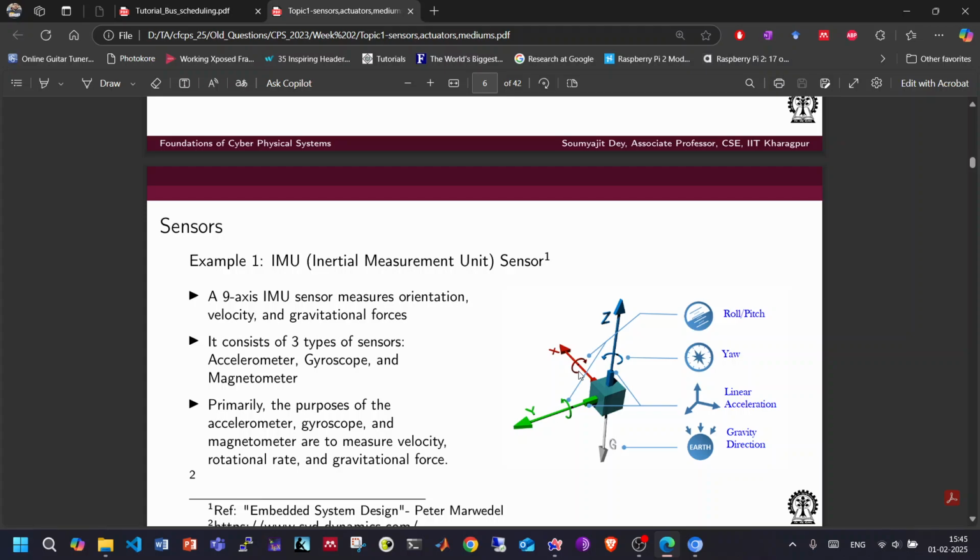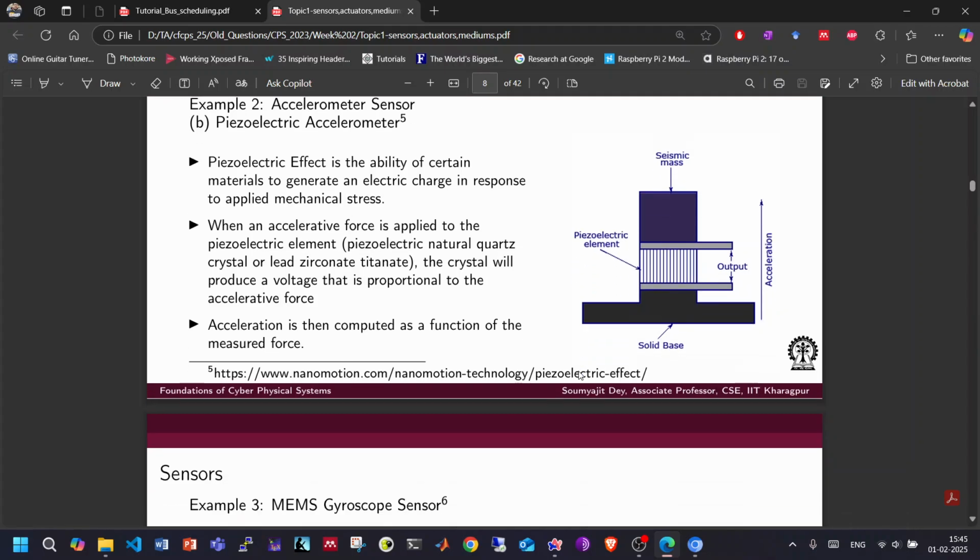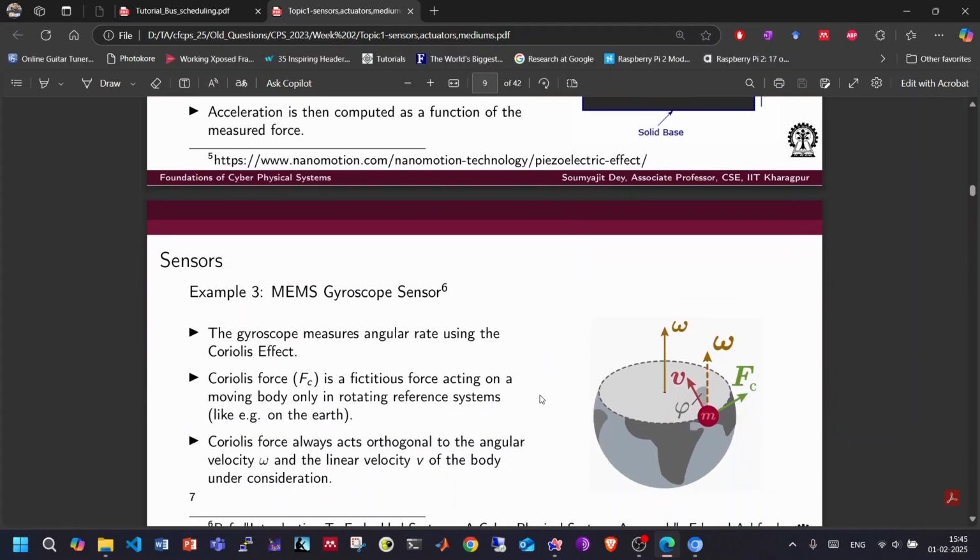We are measuring what velocity it is facing, or with how much acceleration it is moving along a certain linear axis or around a certain axis. We measure that using that suspended material, but that might not be very accurate. There may be precision issues.